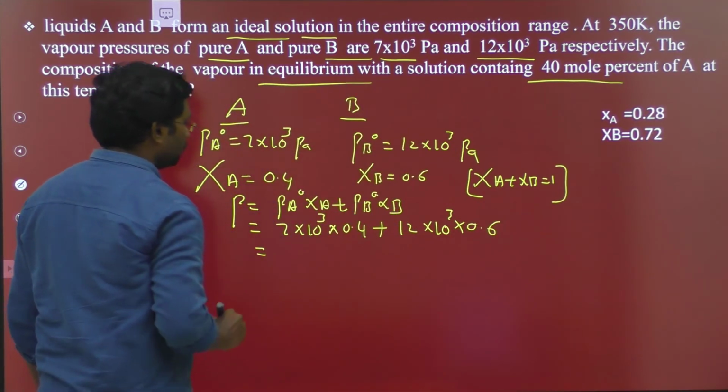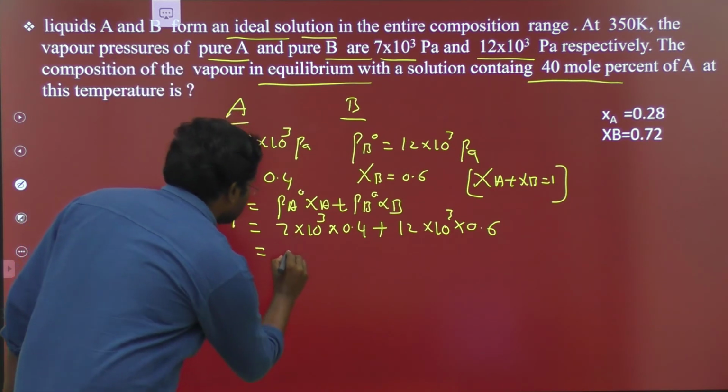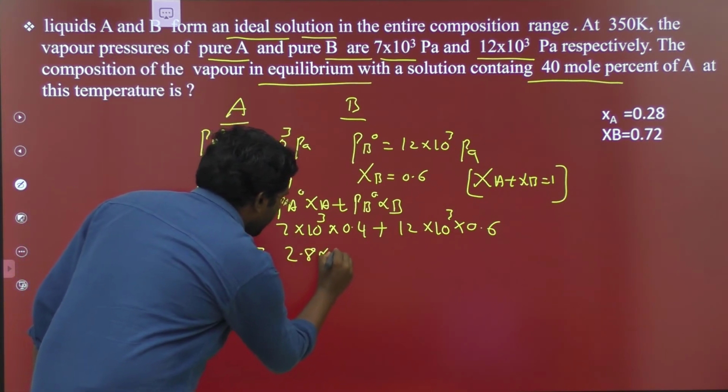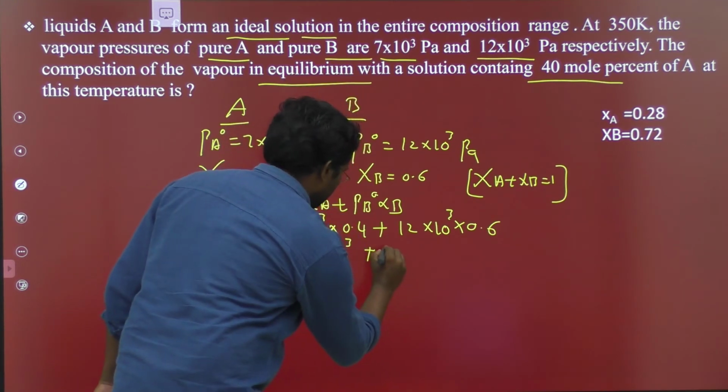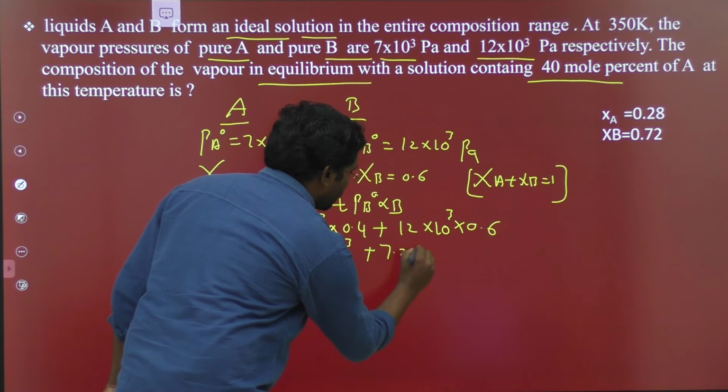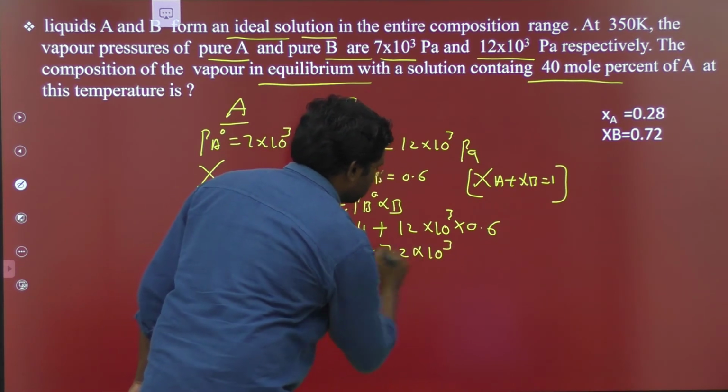So this is equal to 2.8 into 10 power 3 plus 7.2 into 10 power 3.